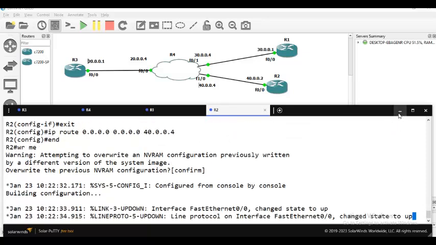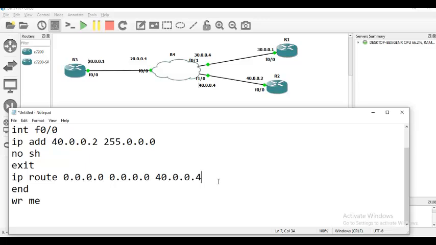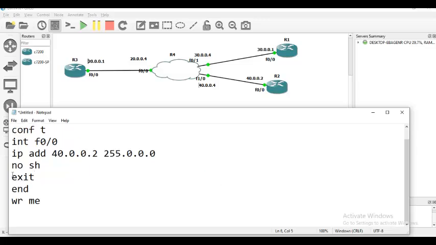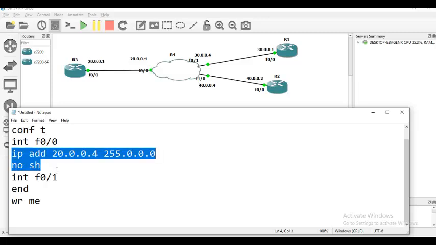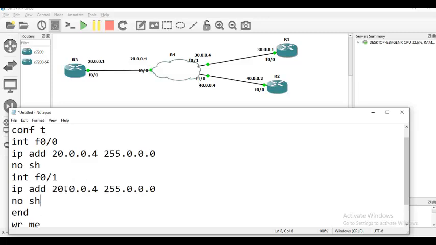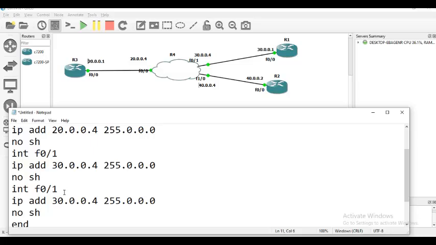Interface F01. F00 is 24. This is 34. And this is 44. This goes on router 4.